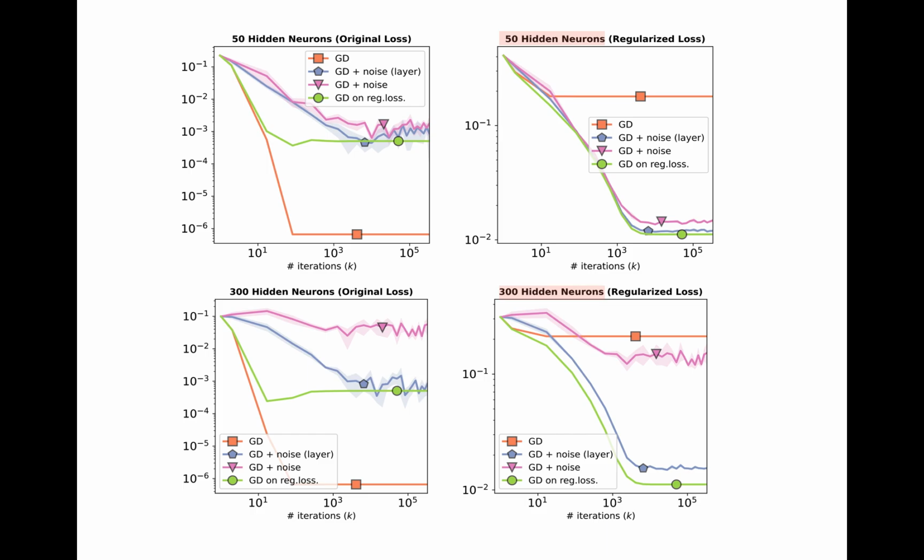However, when you consider the regularized loss, gradient descent doesn't converge to the regularized loss. Again, you have a different loss function, but gradient descent with layer-wise noise injection is very close to the regularized loss, while if you inject the noise simply in all layers, you get very noisy dynamics.